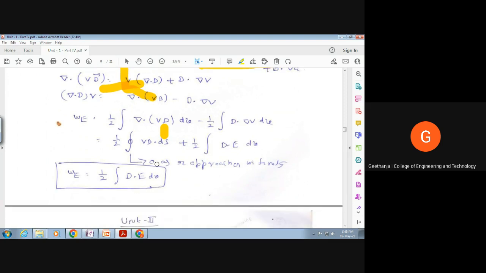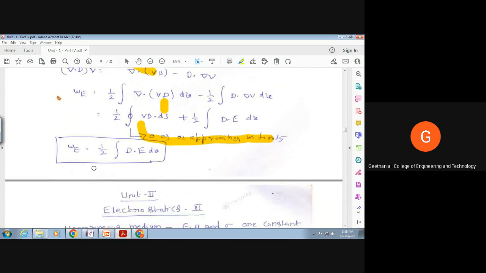Now this integral approaches 0 at the rate of 1 by r because V is proportional to 1 by r, D is proportional to 1 by r square, and dS is proportional to r square. On the whole, this term approaches 0 at the rate of 1 by r. So neglecting this term, you are left with WE is equal to 1 by 2 integral D dot E dV.